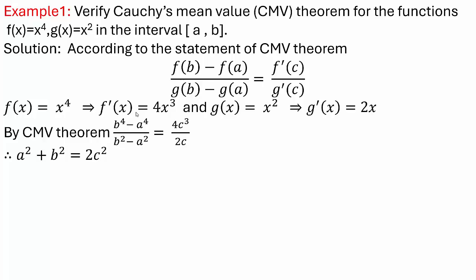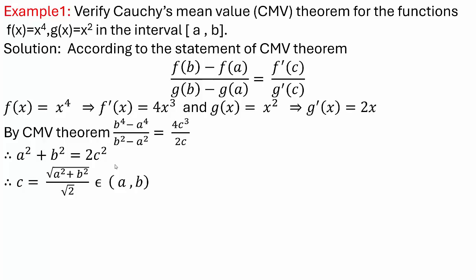And then b square minus a square gets cancelled and we will get a square plus b square on the left hand side. From 4c cube, if we cancel 2c, we will get 2c square. Therefore, we will get a square plus b square equal to 2c square. And from this, c equal to square root of a square plus b square divided by root 2.